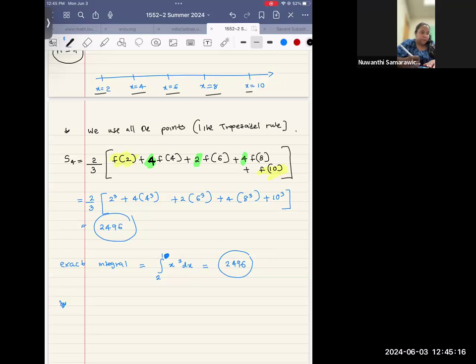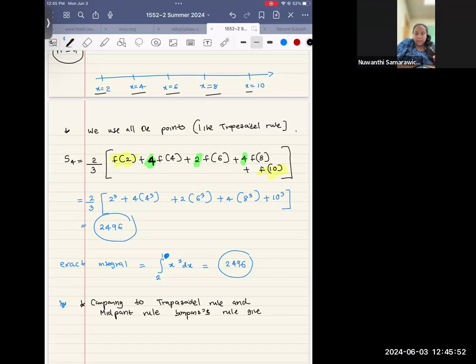So comparing to trapezoid rule and midpoint rule, Simpson's rule gives better results.